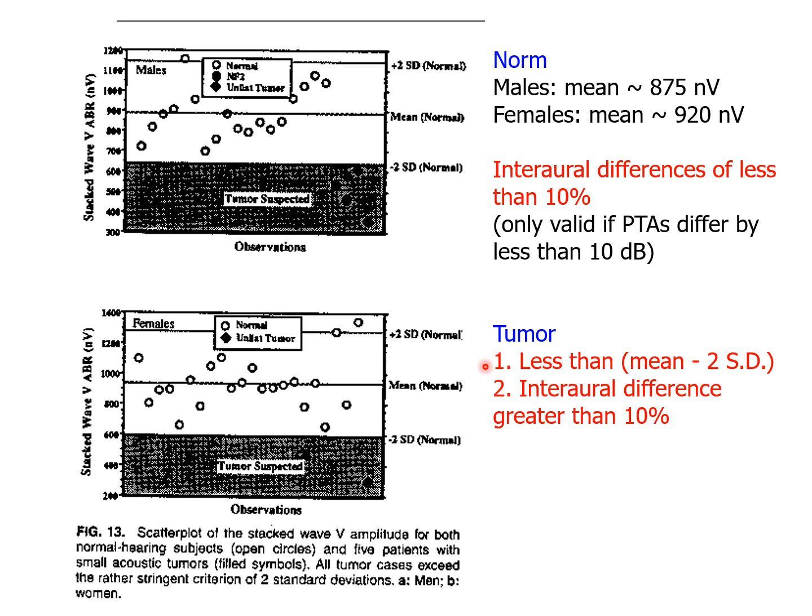First is the stacked ABR wave 5 amplitude likely will be less than the mean minus 2 standard deviations. Second is the interaural difference between the stacked ABR wave 5 amplitudes likely will be greater than 10%. So these two are the indicators that will help us diagnose tumor by using stacked ABR.